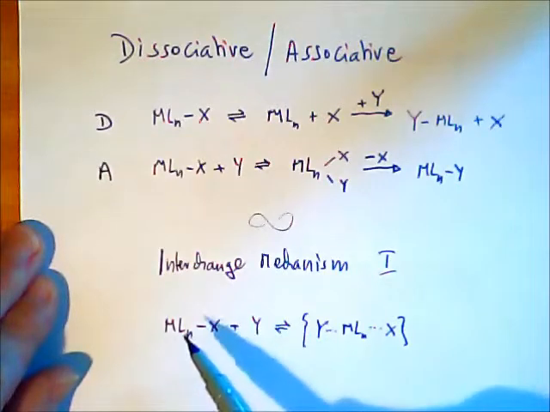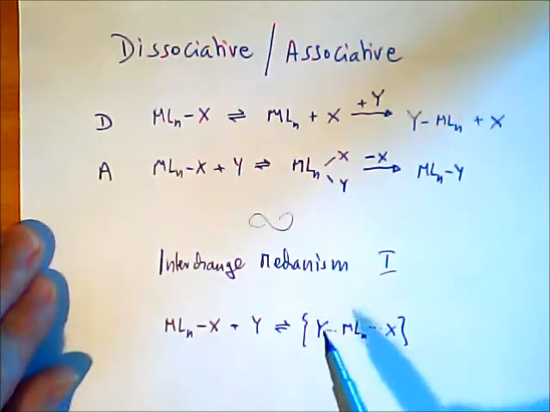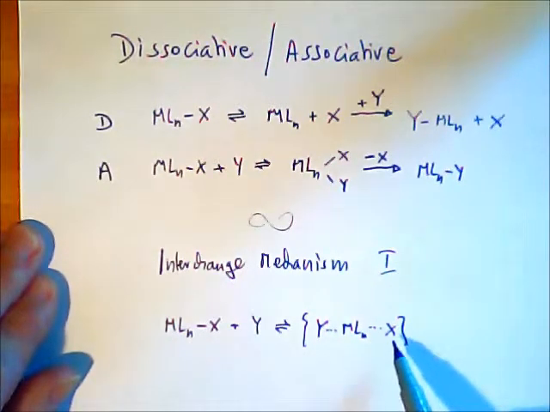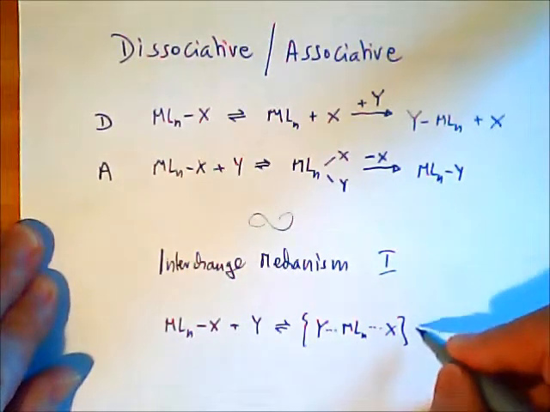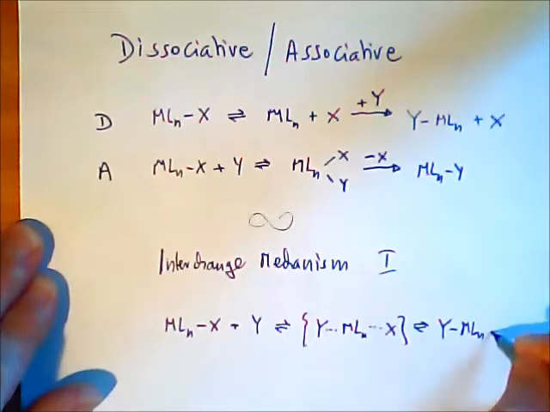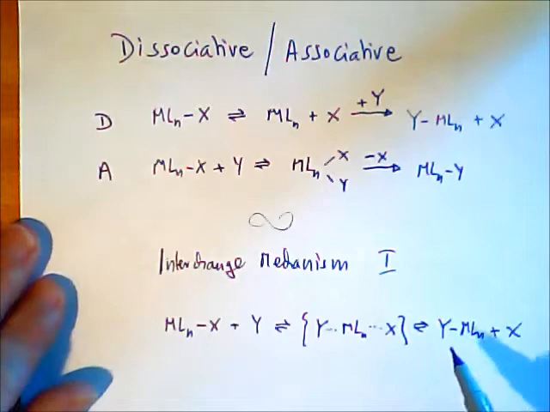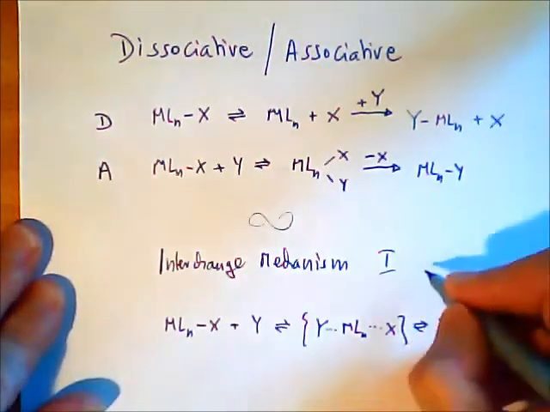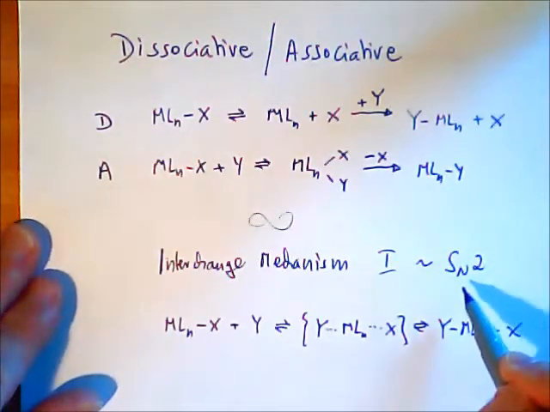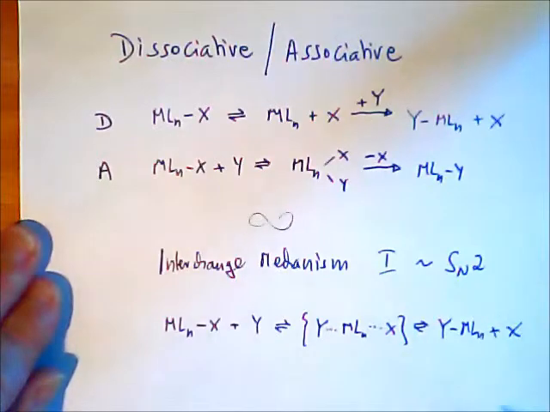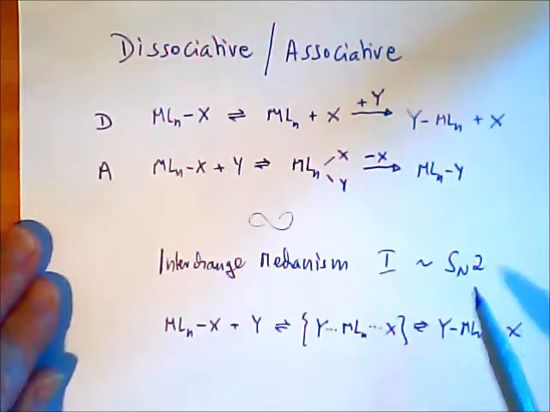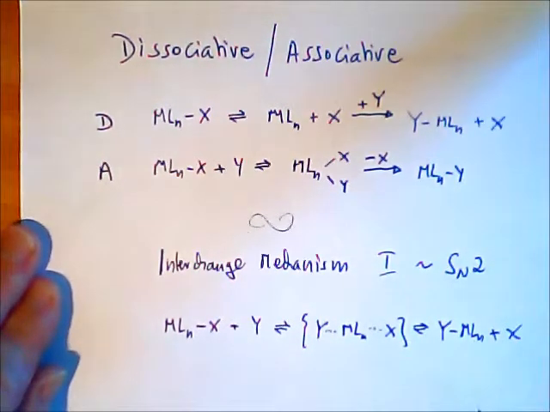When the ligand Y comes close to the metal, a kind of bond is built up here, and at the same time the MX bond loosens, becomes broken, and finally we get our substitution. So this interchange mechanism, you could remember, is similar to a nucleophilic substitution type 2 in organic chemistry. That also means we have an inversion of the stereochemistry.